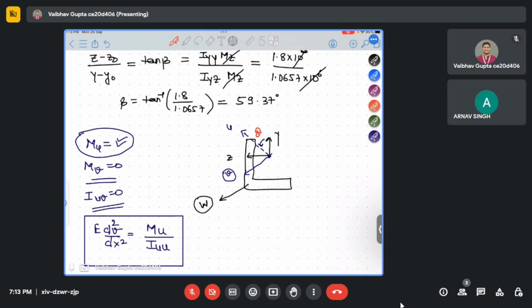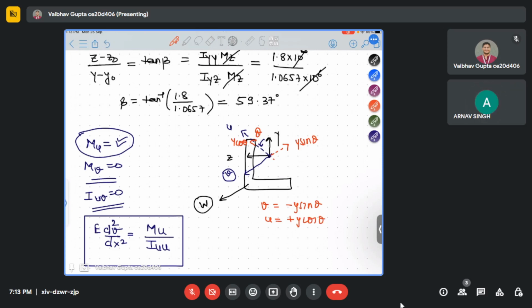Y will resolve as Y cos theta, and here it will resolve as Y sin theta. So for V, it is equal to minus Y sin theta or not? And for U equal to plus Y cos theta or not? This is Y direction.